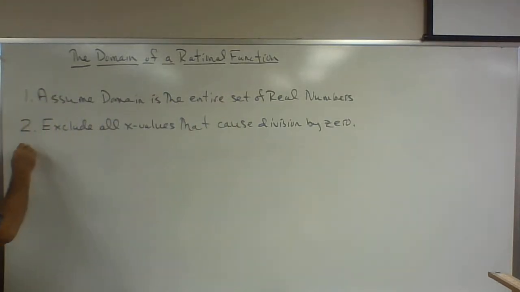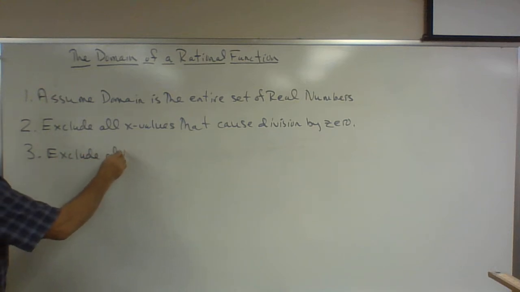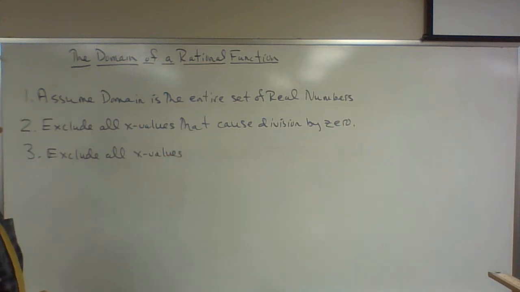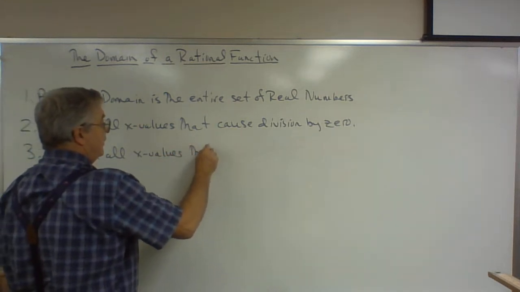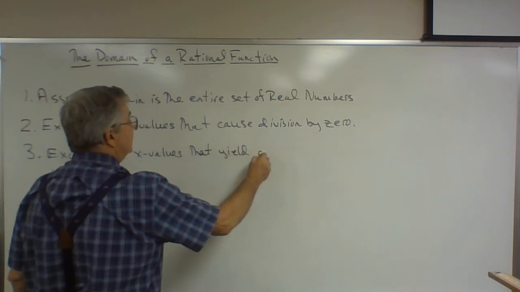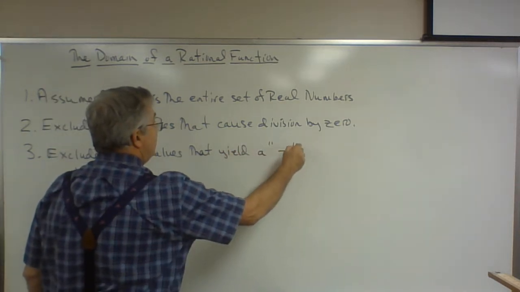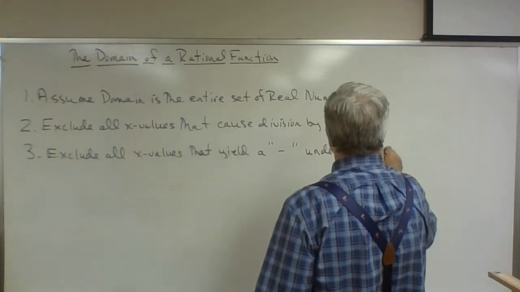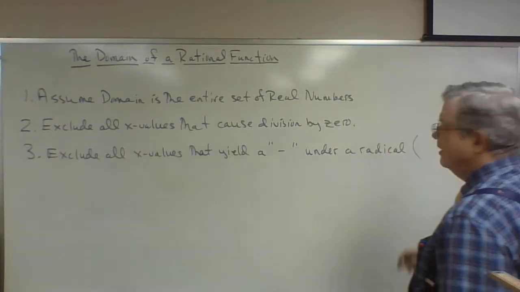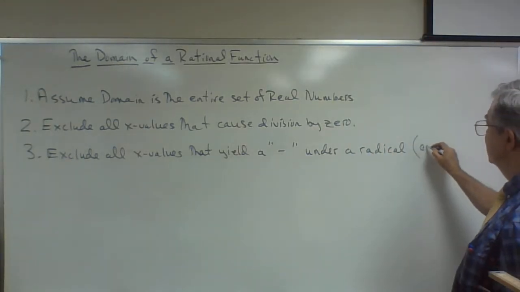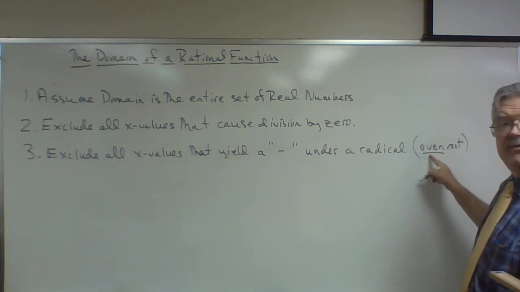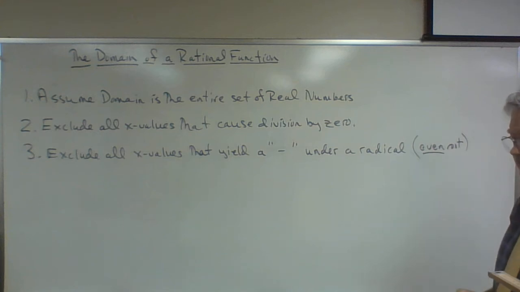And then the third was exclude all x values that yield a negative under a radical, or some expression with an even root: square root, fourth root, sixth root.